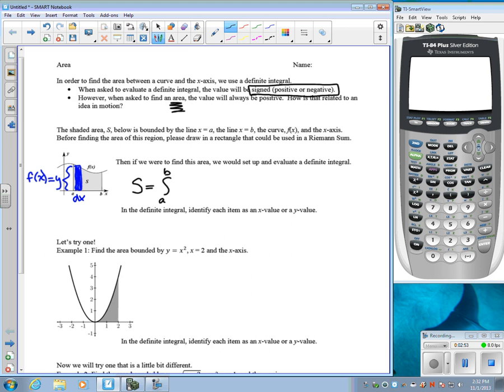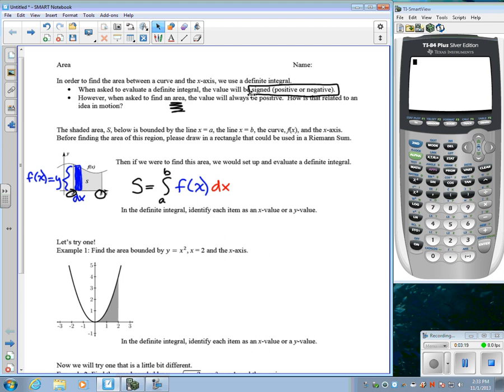It would start at a, our first x value, and go all the way to b. So I'm adding up all the rectangles starting when x is a and going until x is b. I would be finding the areas, with f of x, which is our y value, multiplied by the width, which is dx.